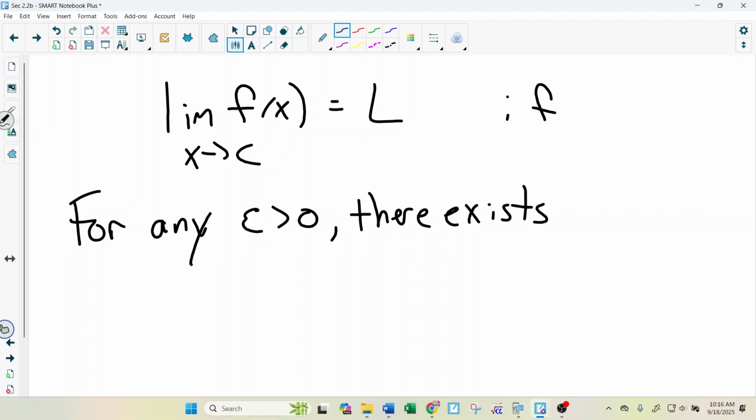Delta. Yeah, that's delta. So for any epsilon greater than 0, there exists a delta greater than 0. What's the next words?